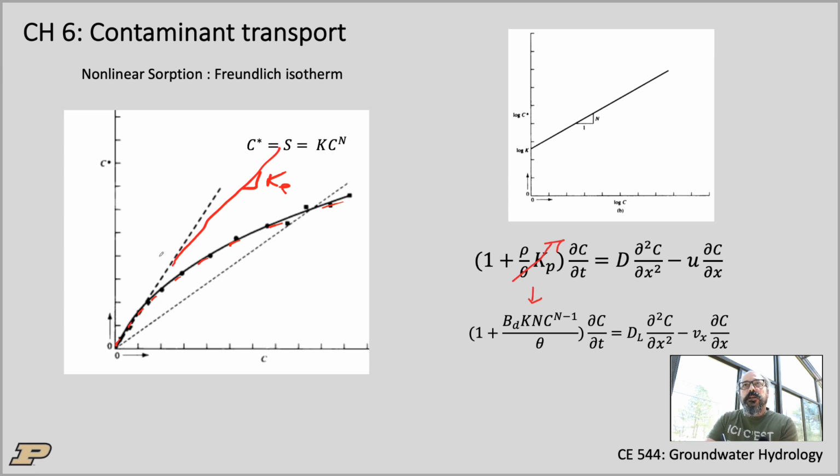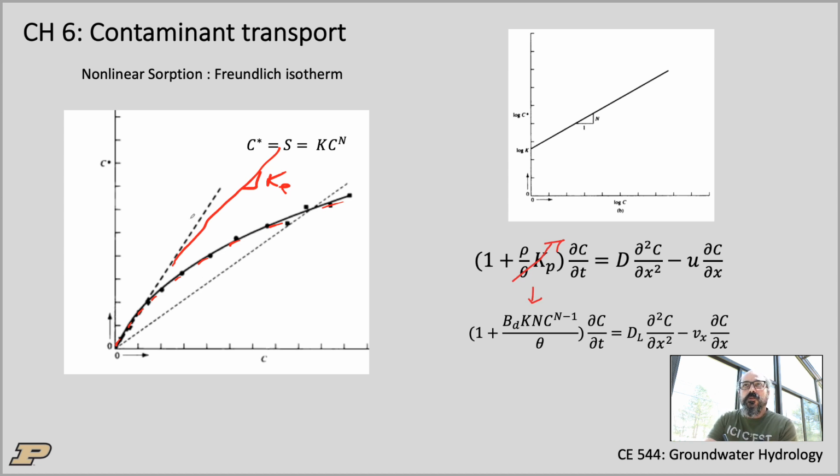So if you think about it, at high bulk concentration in the plume, in the water, you should have some amount of sorbed material. Now, if you increase the concentration a lot, at some point you saturate all your minerals. So once all your minerals are saturated, it doesn't really matter how much more mass or how much more concentration you have in the bulk, because everything is saturated, they can't take any more, right?